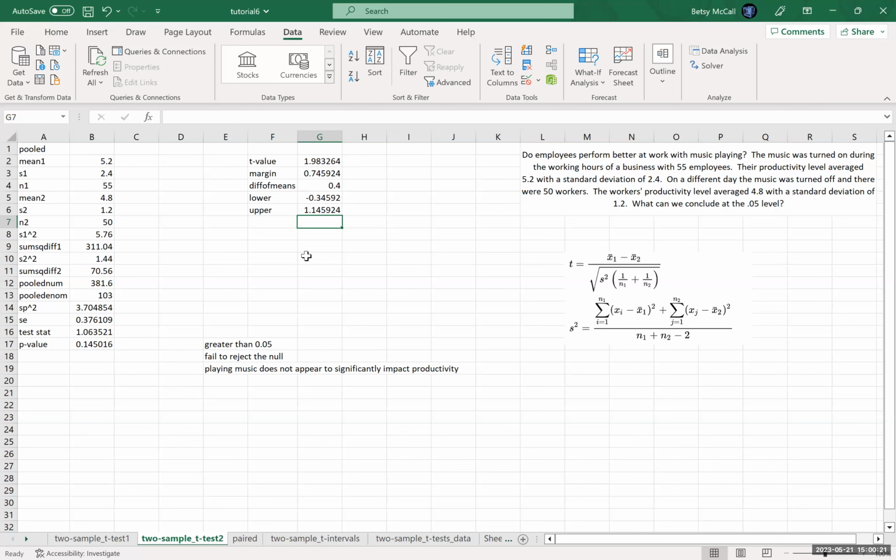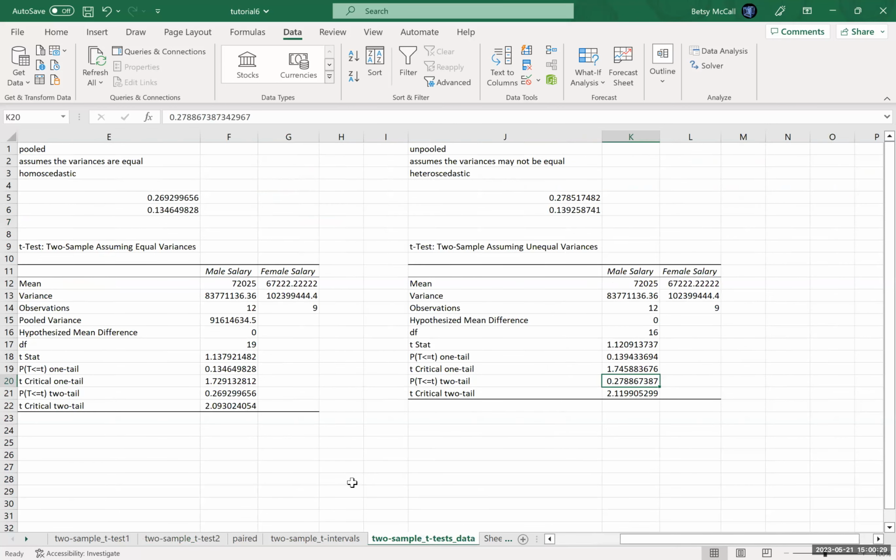Now, I will say that when you have the data, for the pooled standard deviation there is a shortcut that you can take, and that is that the pooled variance is provided when you use the data analysis toolpack.